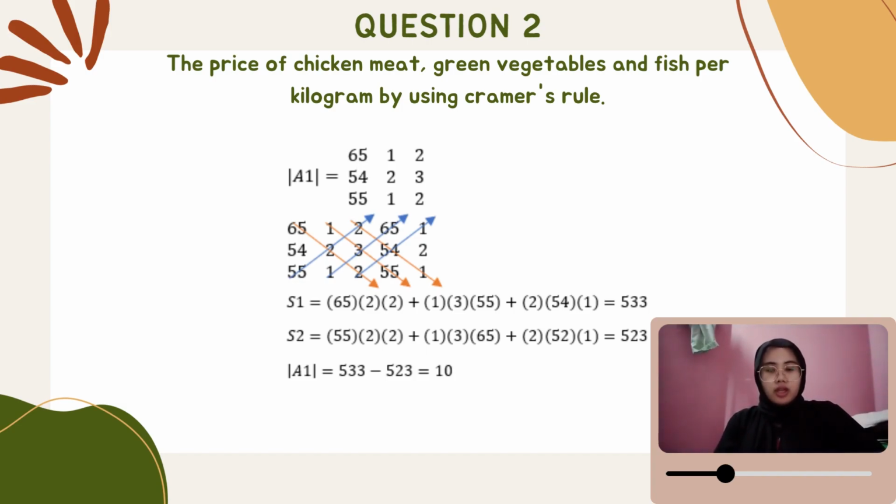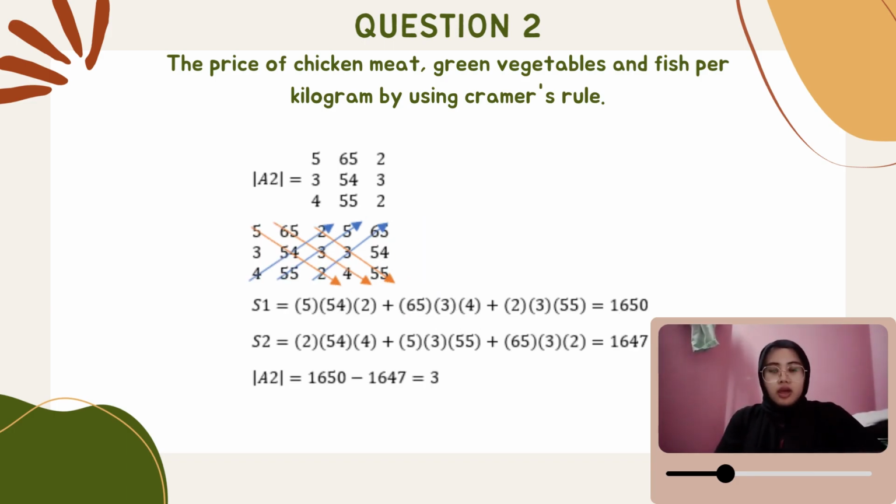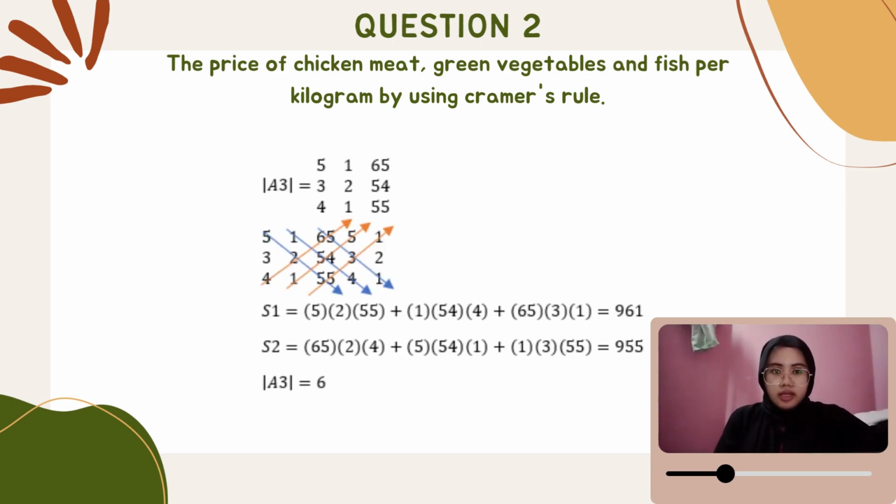Next, we have to find A1, which will be our chicken meat. So, for A1, we do Cramer's rule, and we will get 10. Then, we have to find the value of A2, which will be our green vegetables, and we will get the value of 3. Lastly, we find the value of A3 by using Cramer's rule, which gives the value of 6.